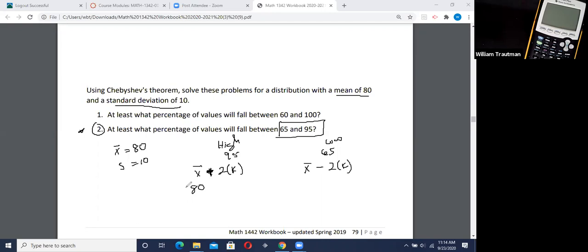If our average is 80, how far is the high away from the average? How many standard deviations? Here's 80. How far away is 95? One standard deviation is 10.